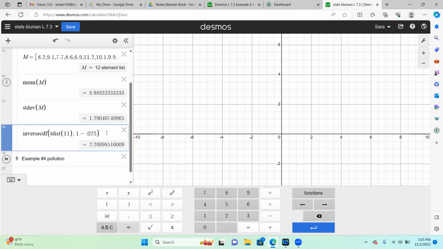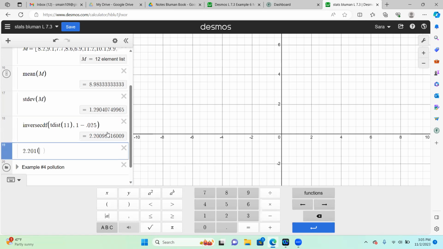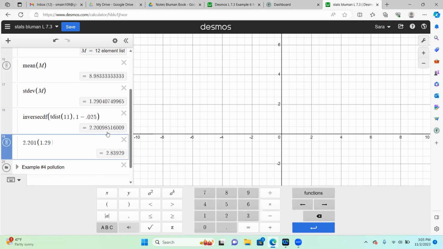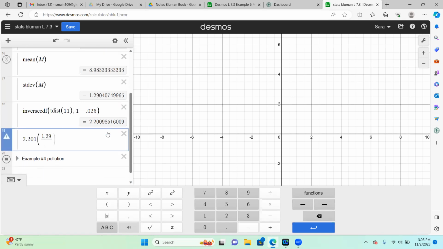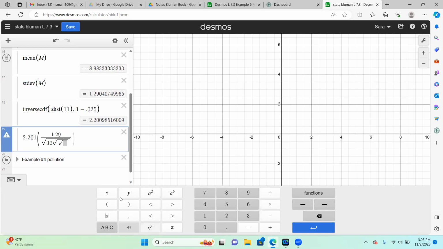So let's calculate our margin of error. So 2.201 times 1.29 divided by the square root of 12. Oops, there we go.